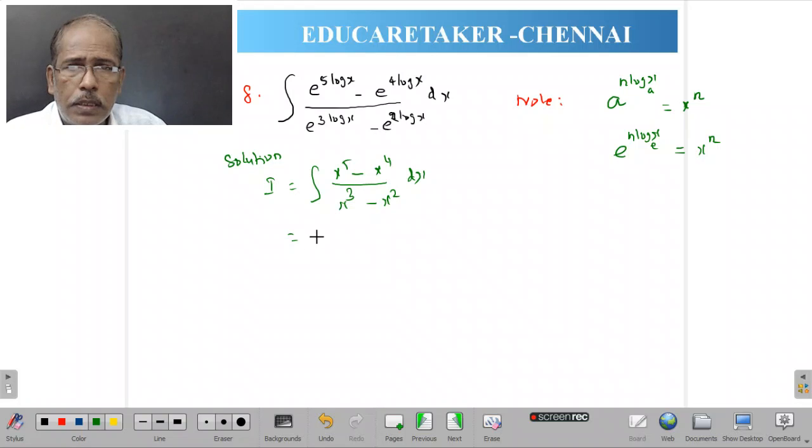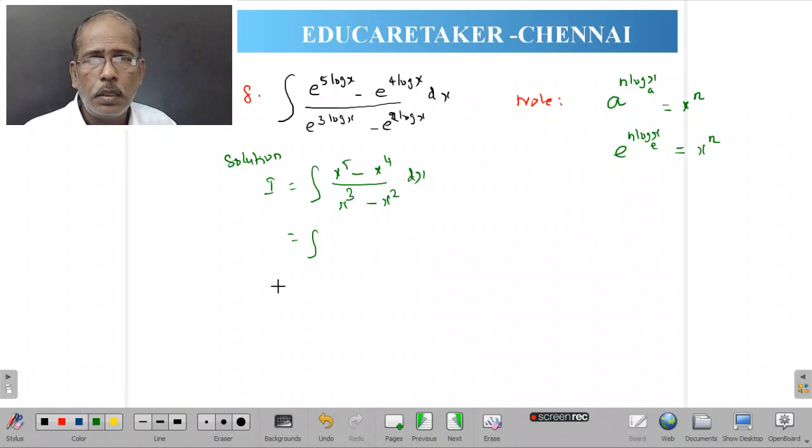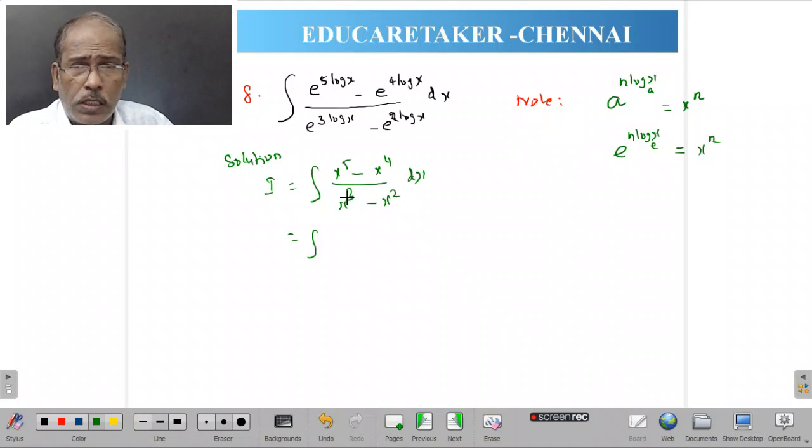And with further simplification, we can take x square as a common factor from the denominator, then x square cancels, so we get x cube minus x square in the numerator and x minus 1 in the denominator.